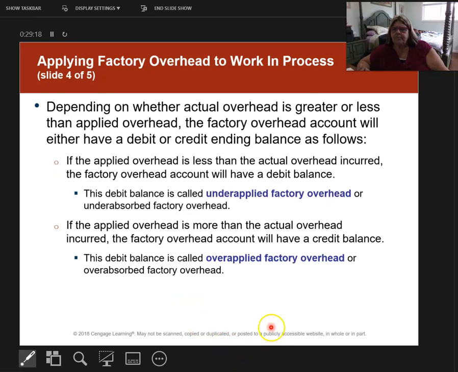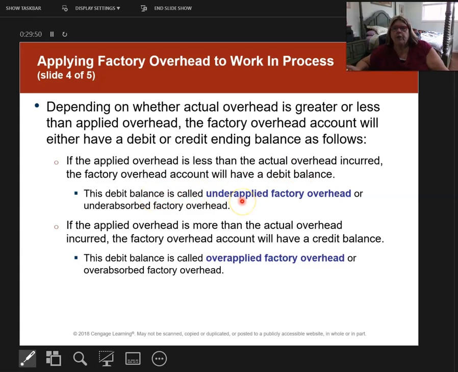And so write this stuff down right here. These are quiz questions and exam questions, okay? So depending on whether the actual is larger or smaller, it'll tell me by what type of balance I have left. Okay? If the applied overhead is less than the actual, in other words, I applied $4,250, but my actual was $4,500, then I'll end up with a debit balance.